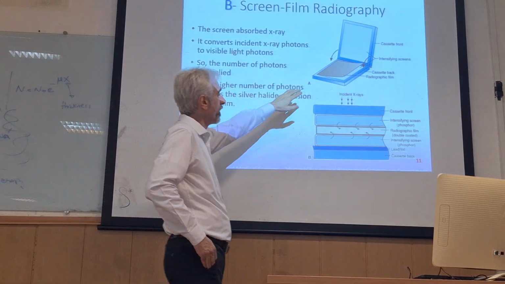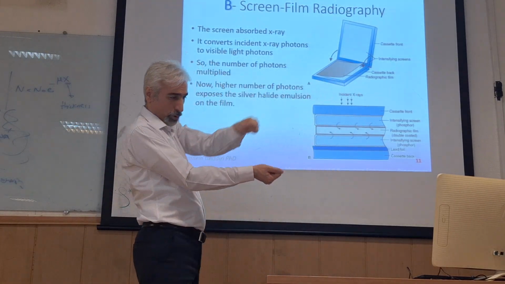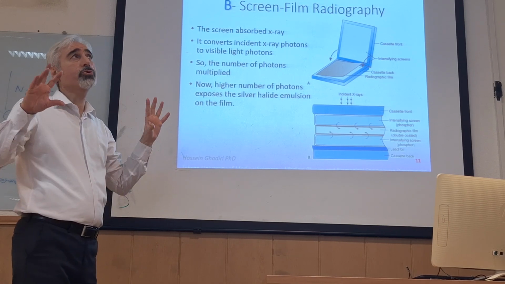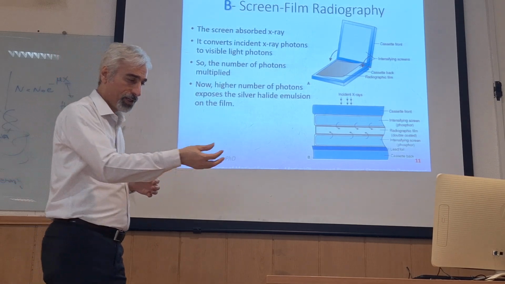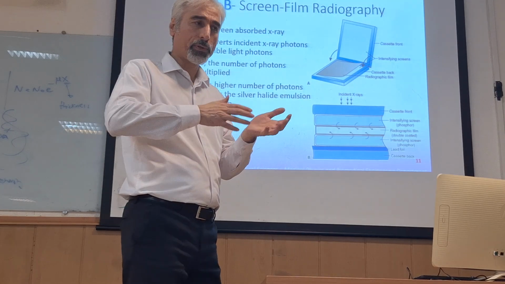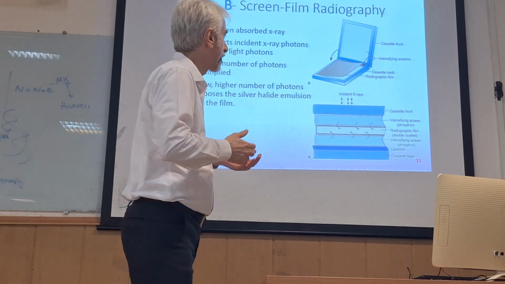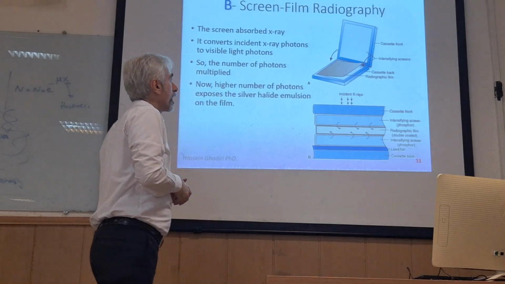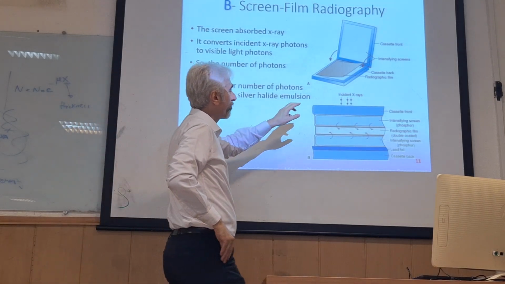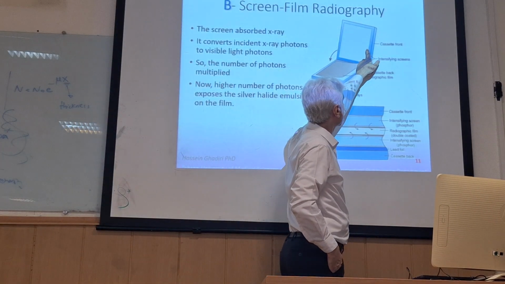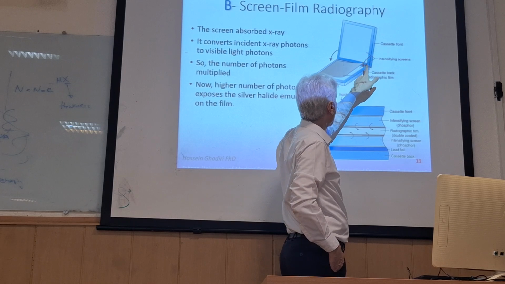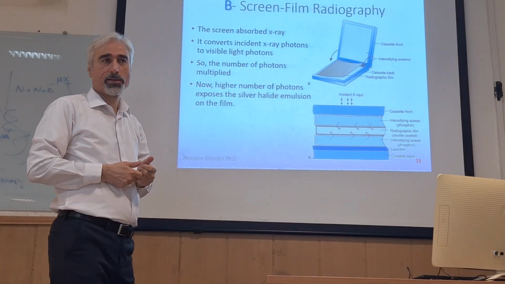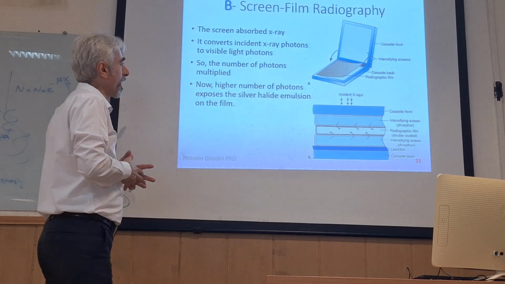There is a sheet of film, something like a book, and in the dark room, the room should be dark, the film is taken from the pocket and put inside the cassette. We have two screens on the top and the bottom, and then we close the cassette and lock it.